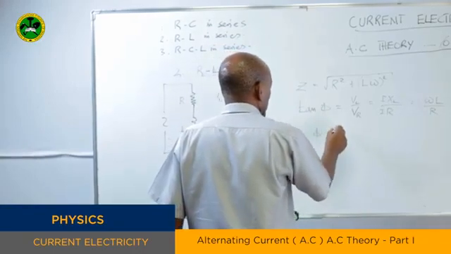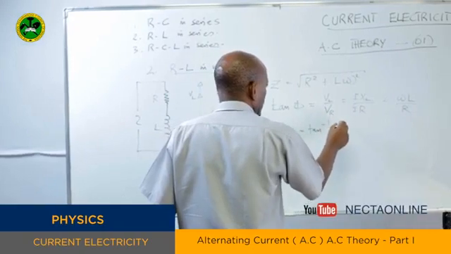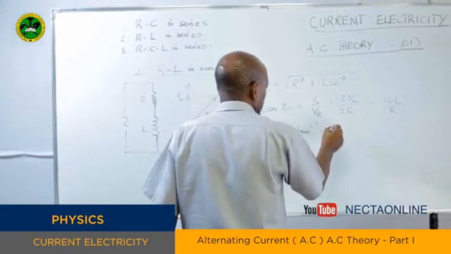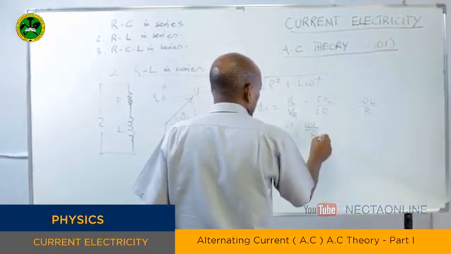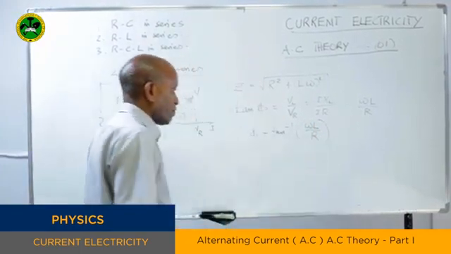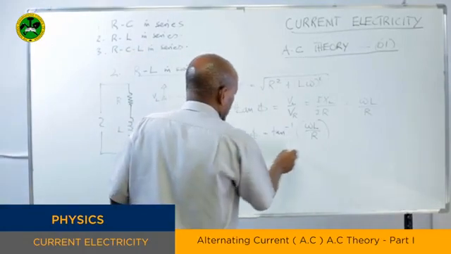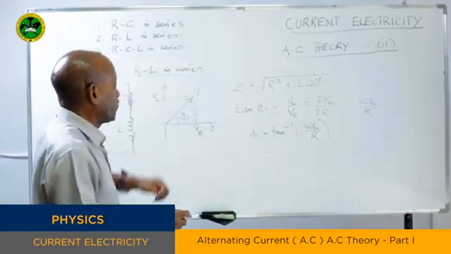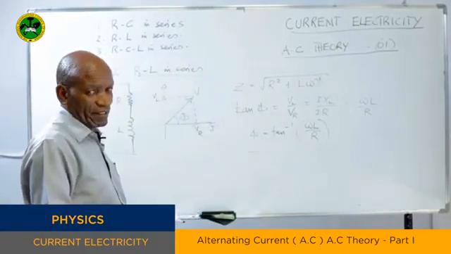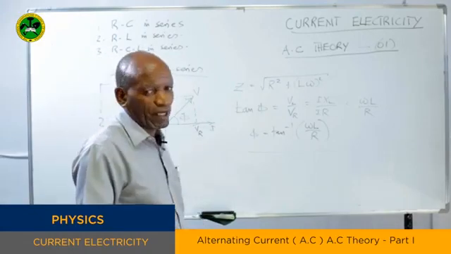So phi will be equal to the tan inverse of omega L over R. Here you will get the angle at which the applied voltage V acts.